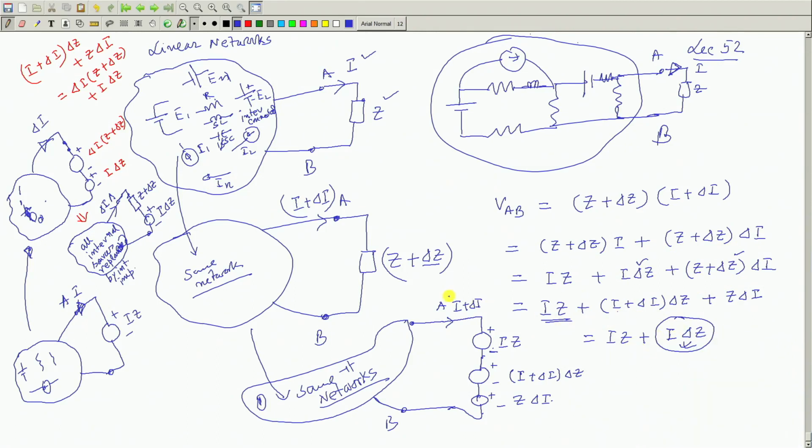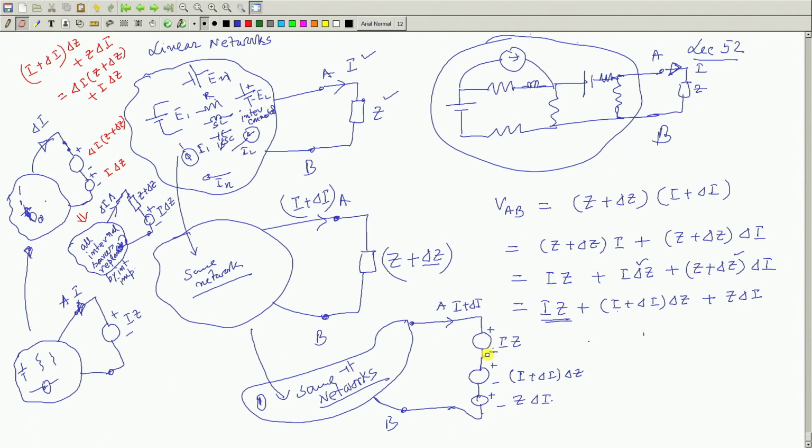Therefore, I can represent it as 3 batteries, 3 voltage sources, one with I Z, another with I plus delta I into delta Z, and so on. So, this is I Z, I plus delta I delta Z, and this one you do not write. This one I have done like this, I can do it like this, I Z.